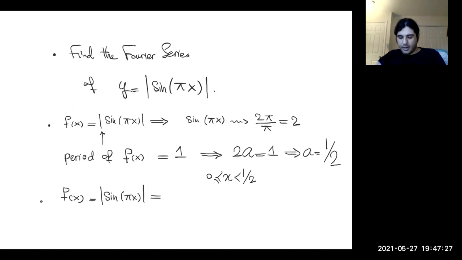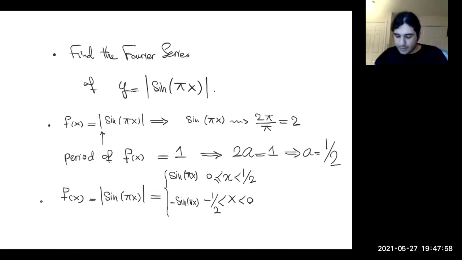And that is positive. So we would have sine of pi x here. When x is between 0 and minus 1 over 2, sine goes from 0 to minus 1, and that's negative. So the absolute value would actually be minus sine of pi x, right?